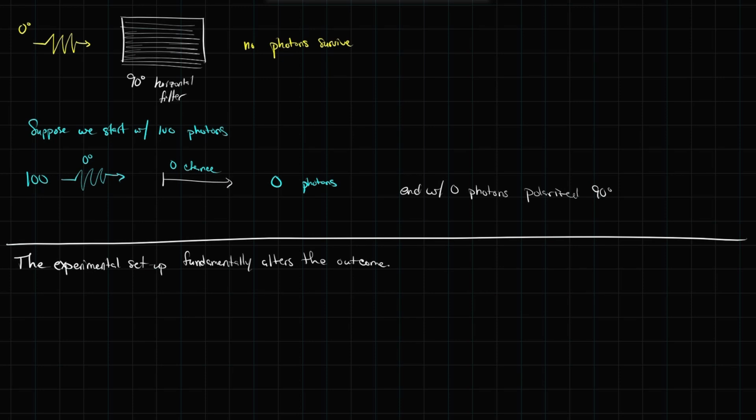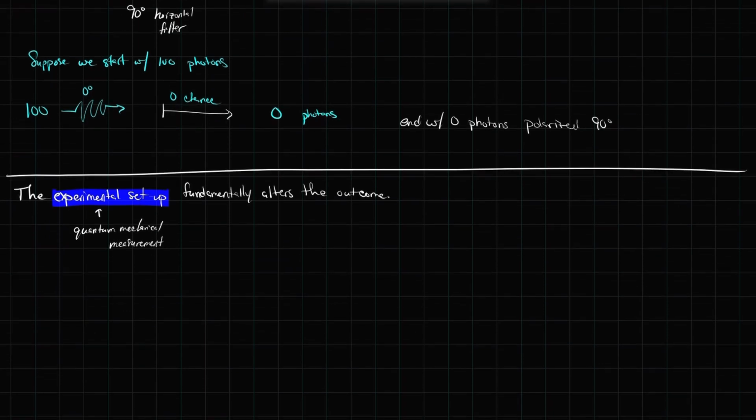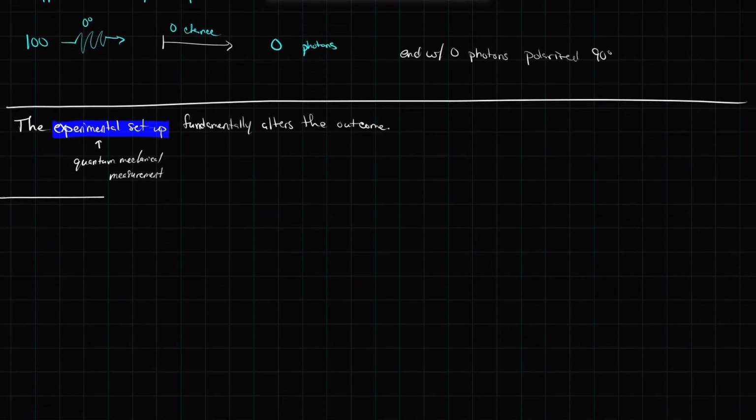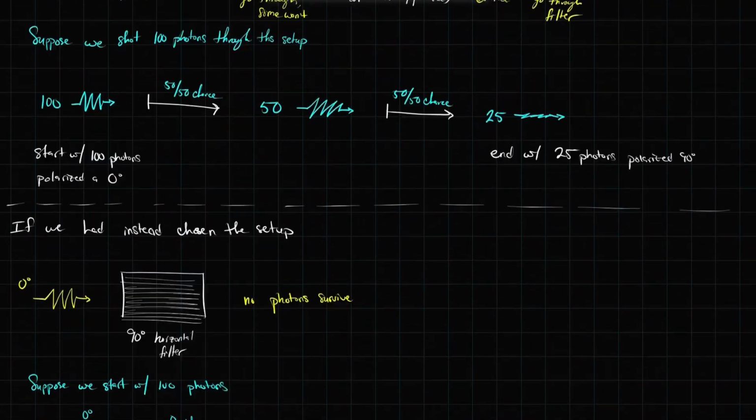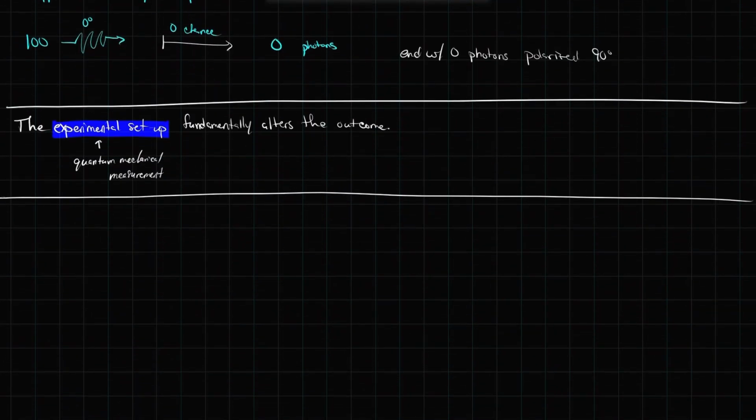This is really quantum mechanics in action, is that the experimental setup is also known as our measurement, called the quantum mechanical measurement. It fundamentally alters the outcome of any given experiment. So it's kind of a strange thing to happen, because a lot of times we like to believe that physics is kind of occurring all by itself, independent of our influence on it. But we see in quantum mechanics that our influence is, in some ways, the physics. What we're able to measure, which is the polarization of light, 100% depends on how we decide to measure it.